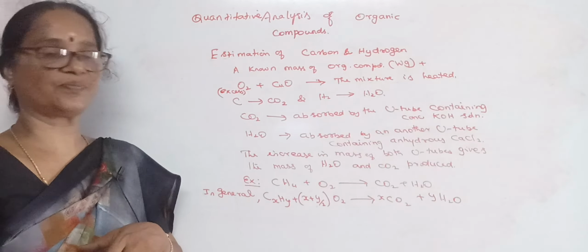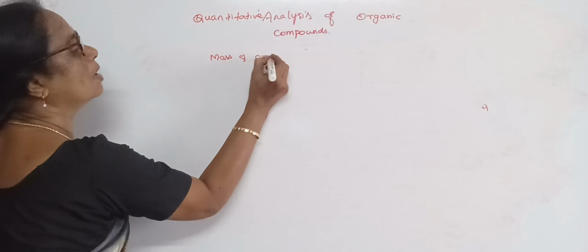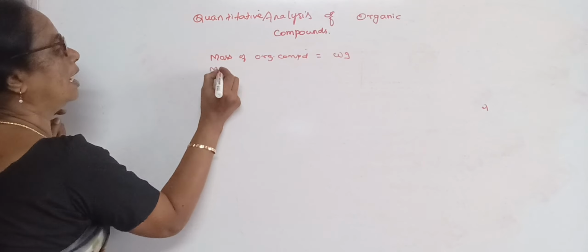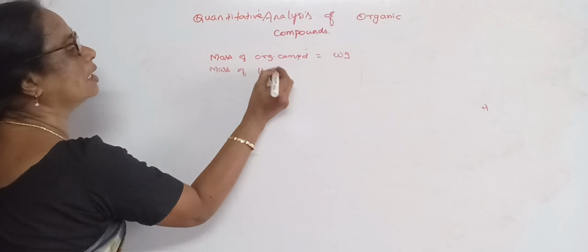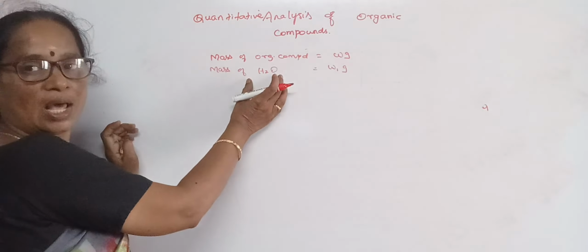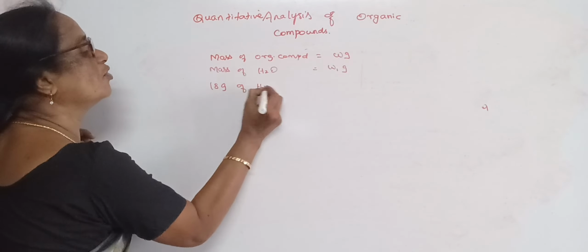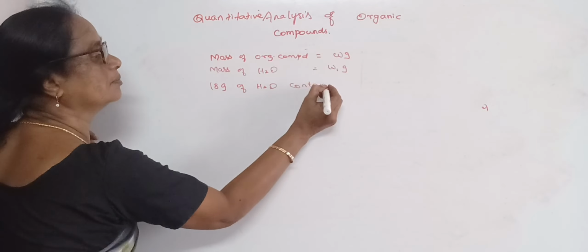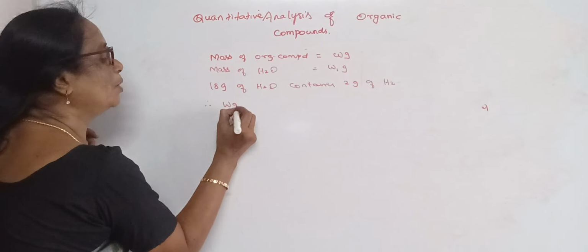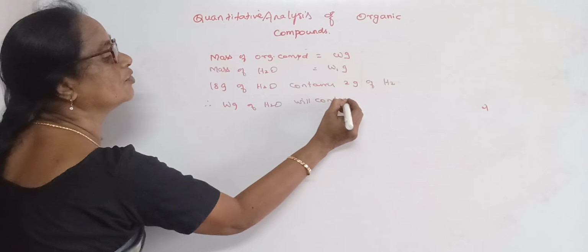So let us calculate the percentage of hydrogen first of all. Mass of organic compound be W gram, and mass of water be W1 gram. We know the molar mass of water is 18 gram. So we can say 18 gram of water contains 2 gram of hydrogen. Therefore, W1 gram of water will contain how much hydrogen?